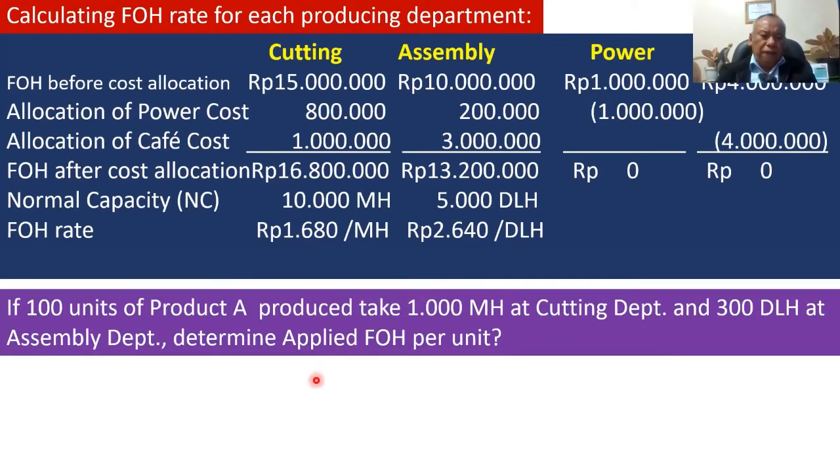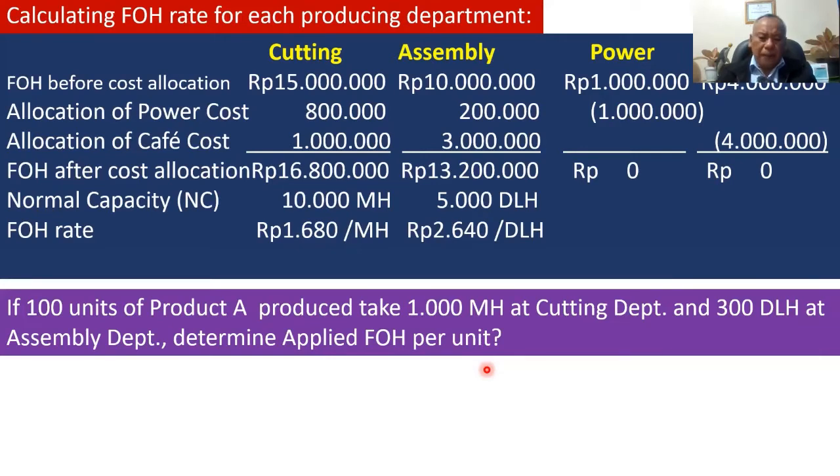So for example, if 100 units of product A produced take 1,000 machine hours at cutting department and 300 direct labor hours at assembly department, now determine applied factory overhead per unit. So actually we just multiply the actual capacity times the factory overhead rate, same as we discussed before.